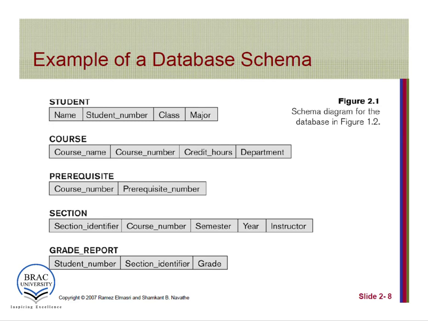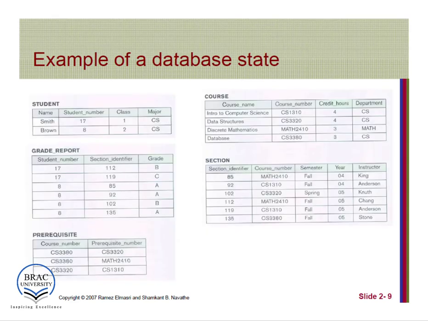Now, between database schema and database state, which one do you think changes frequently, and which one do you think does not change very much? The database state actually changes frequently, because anytime you make any change in the data in the database, the state changes.